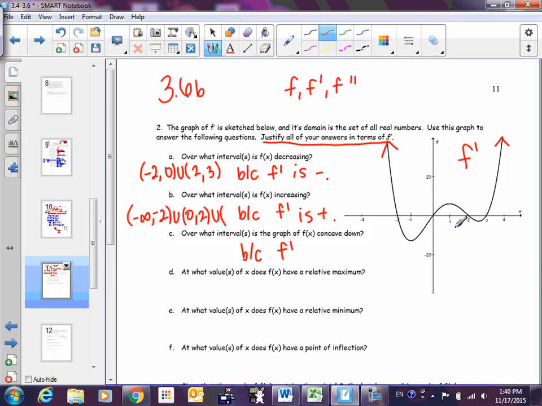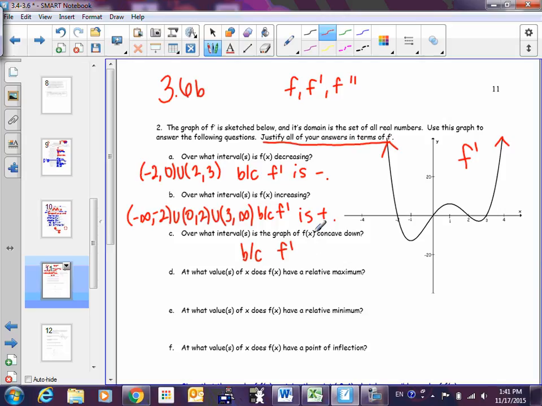And then I'm going to have to squeeze in the last one, 3 to infinity. Let me just move this over. Okay? So again, I wasn't looking at these words and picking out on this graph. You had to make the connection between f and f prime.